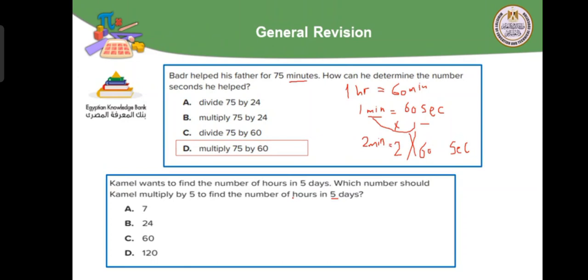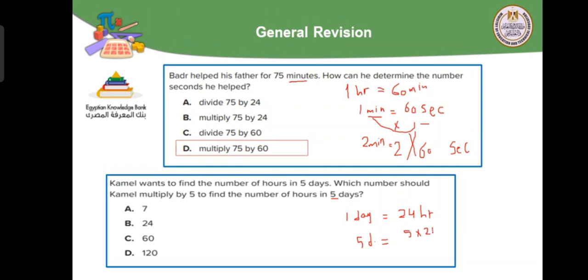In 1 day, 24 hours. You should know this information. Okay, what about 5 days? So 5 days, how many hours? Equal 5 by 24.